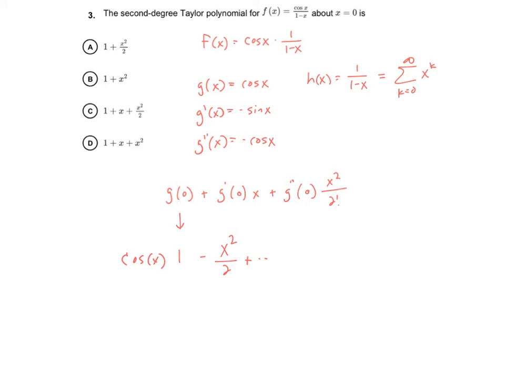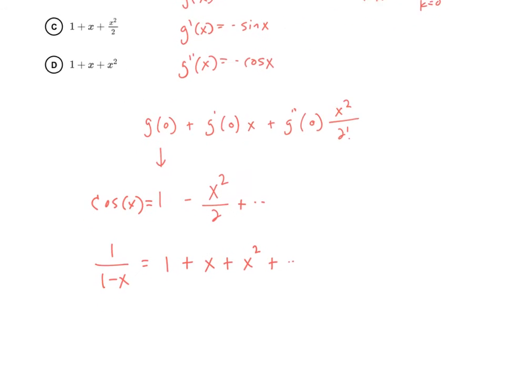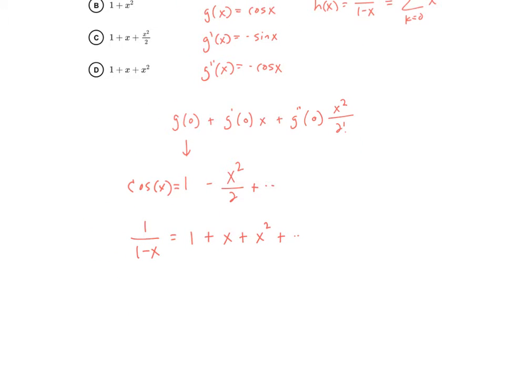And if you think about it, the other one, 1 over 1 minus x, is 1 plus x plus x squared plus like that, right? And then we can just multiply these. And think about when you FOIL, you're basically taking all these terms times 1, and then all these terms times x, and then all these terms times x squared.